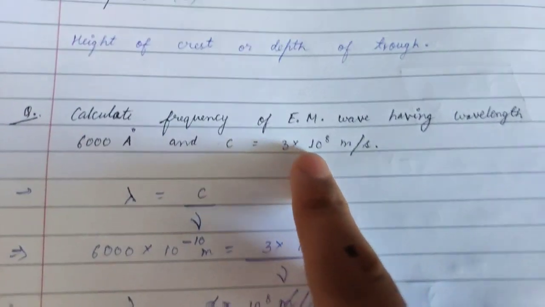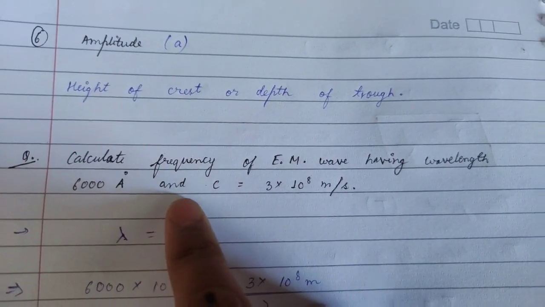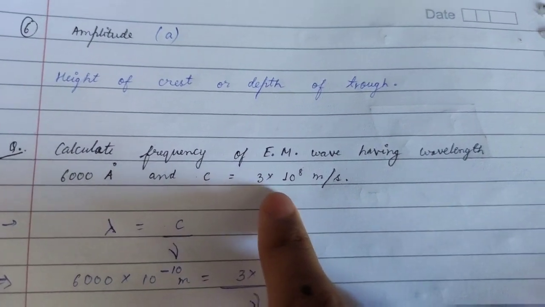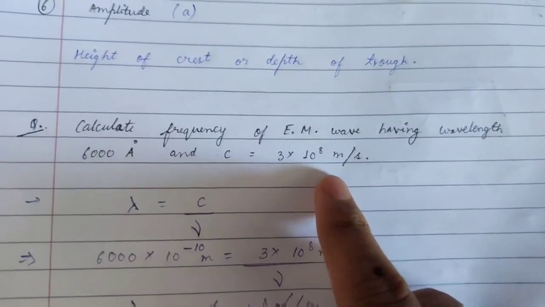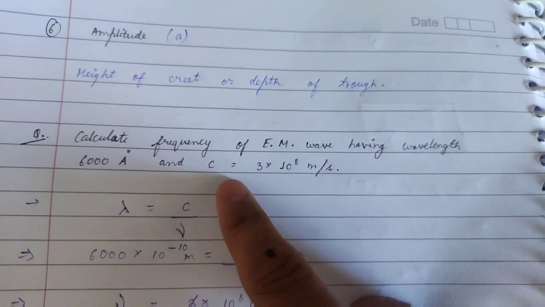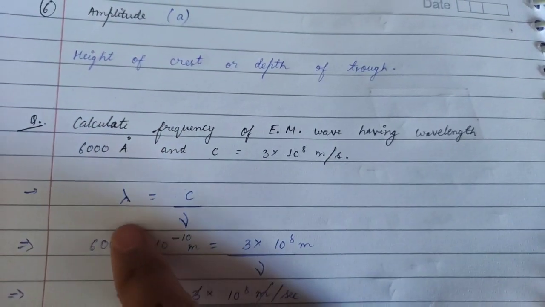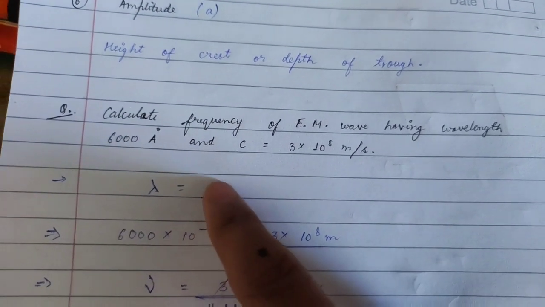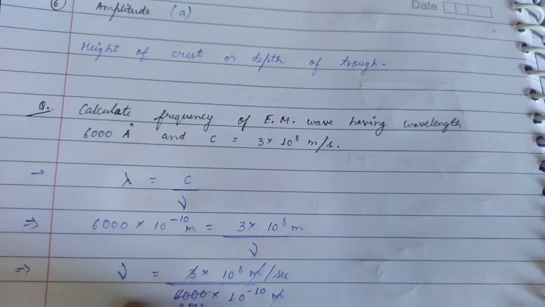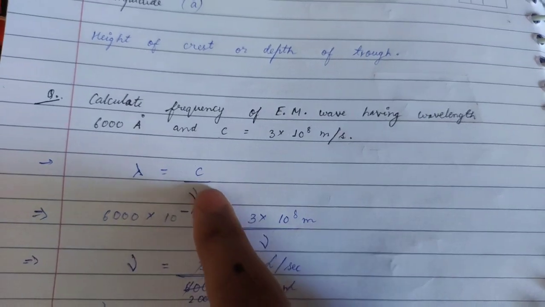Calculate the frequency of EM waves having wavelength 6000 angstrom, and c is equal to 3 × 10^8 meters per second. Here we are given the wavelength and also c, so we have to find the frequency. We will apply the formula λ = c/ν.